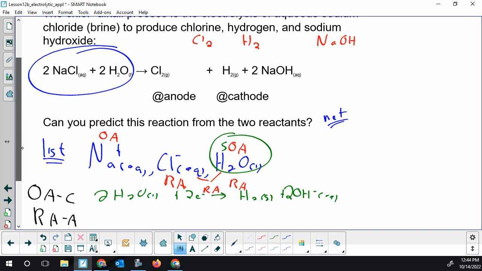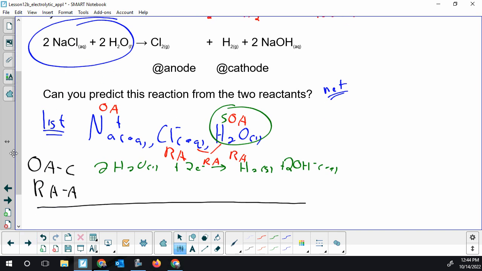If you didn't realize about the chloride anomaly, you would select water again, but it's incorrect. You need to select chloride as the strongest reducing agent. So 2Cl minus aqueous, I'm grabbing that chloride half reaction, is going to make chlorine gas and spit out 2 electrons.